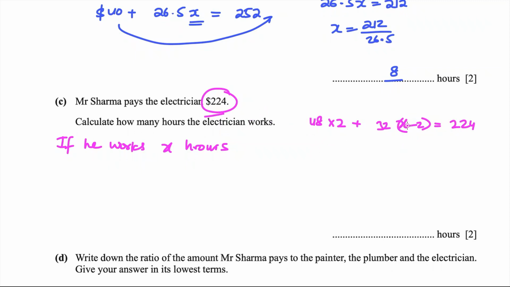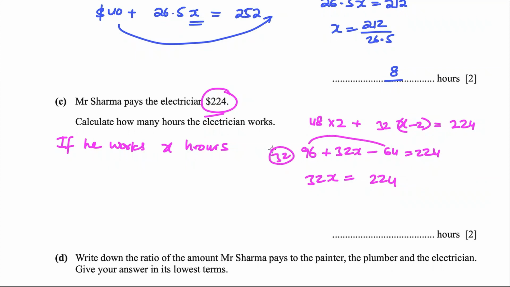So 48 into 2 plus 32 into x minus 2 is equal to 224. 96 plus 32x minus 64 is equal to 224. So 32x is equal to, 96 minus 64 is 32, and 224 minus 32 is 192. So x is equal to 192 divided by 32, which is 6 hours. So the electrician works for 6 hours and he gets paid $224, right?